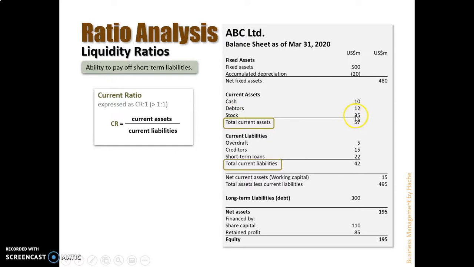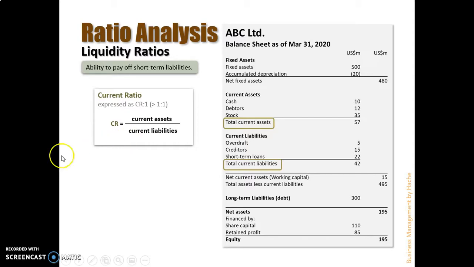So having a way high current ratio doesn't say actually you are doing excellent. A 1.5 up to 2 maybe out of 1 would be a good ratio, okay?